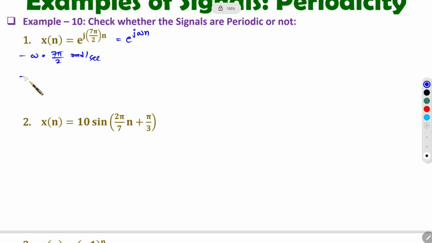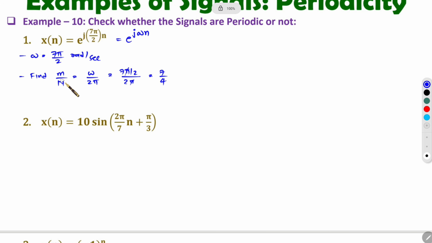So here we have a signal with frequency of 7 pi by 2. To understand periodicity, we need to find a ratio of small m divided by capital N, and that is omega divided by 2 pi. Here this omega is 7 pi by 2, and see this ratio that is 7 by 4.